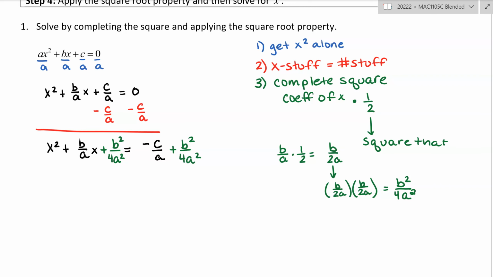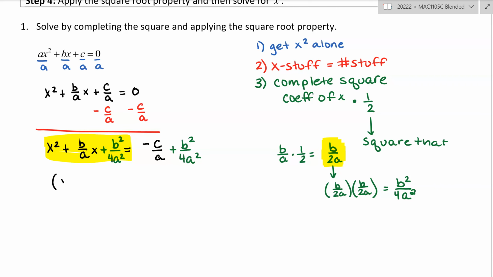And then this left-hand side becomes a perfect square. So this is actually a factorable perfect square. And remember, if you just know the first step of completing the square, that's what's going to go into your parentheses.